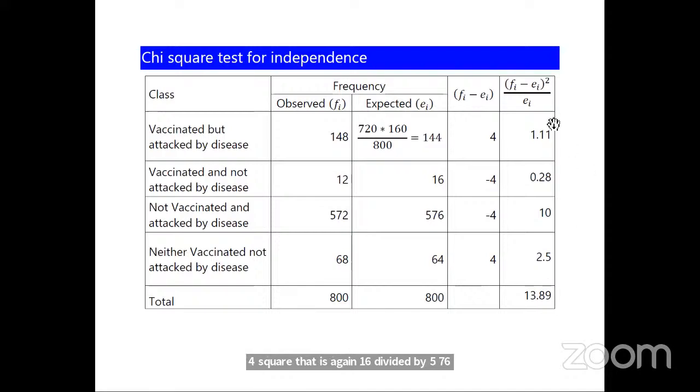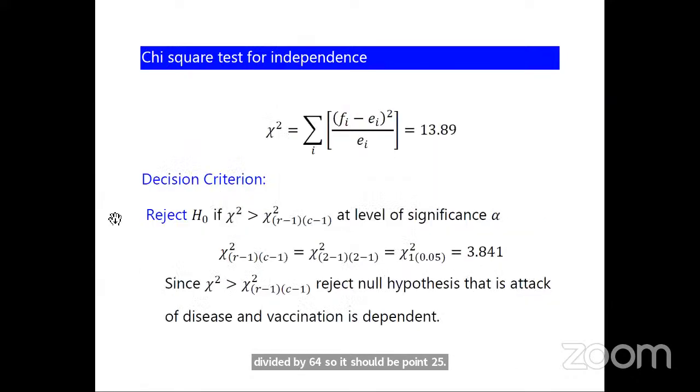Sorry, I'm really sorry, I have not checked this, but all these are wrong values. So we have to find the values like this. Again, 16 divided by 64. So it should be 0.25, not 2.5. Like this, we have to check.